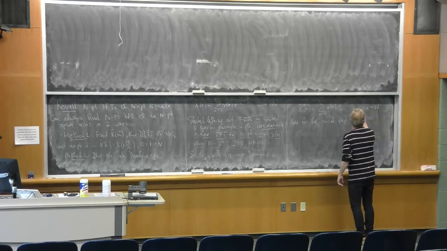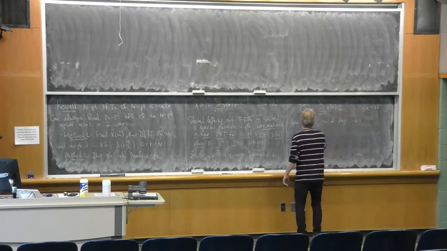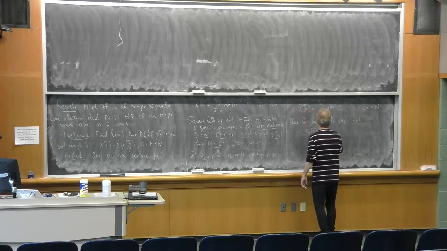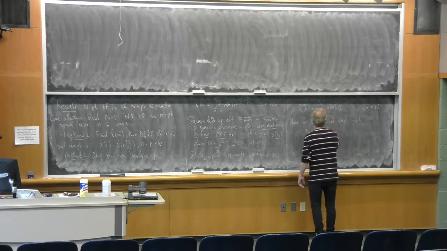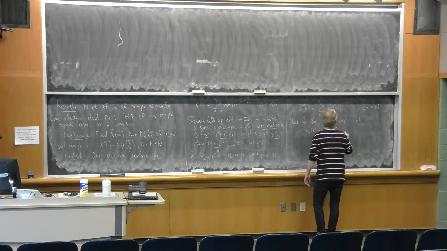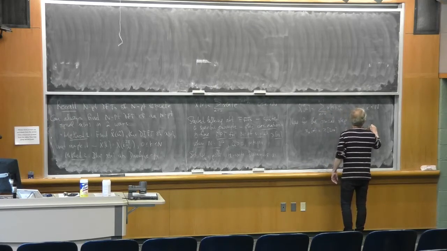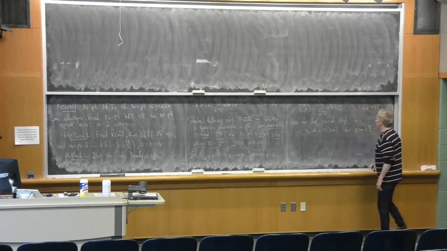I'm going to set x sub e of m equal to x of 2m for 0 less than or equal to little m less than n over 2 minus 1.